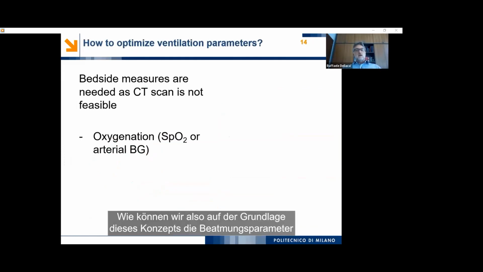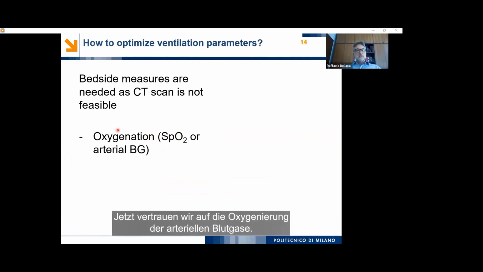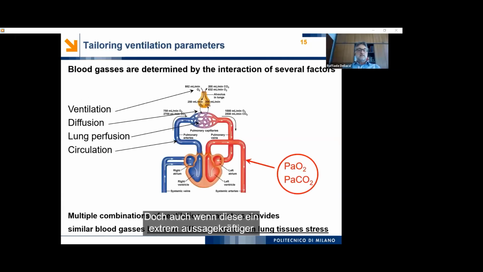So how can we optimize ventilation parameters on the basis of this concept if we have no CT scan available at bedside? What we are doing now is trusting oxygenation on arterial blood gases. However, even if they are an extremely powerful and important parameter, they are not so specifically linked to the degree of lung recruitment and especially over-distension.